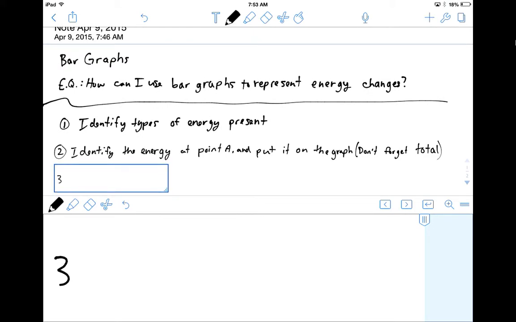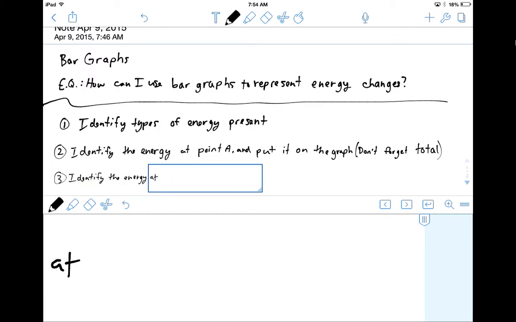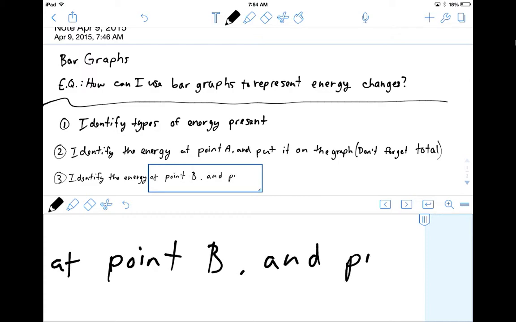Okay, step three is going to be identify the energy at point B and put it on the graph.